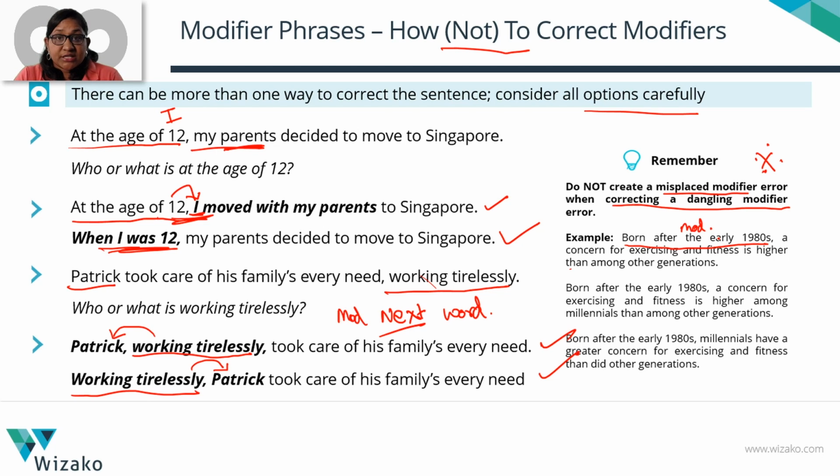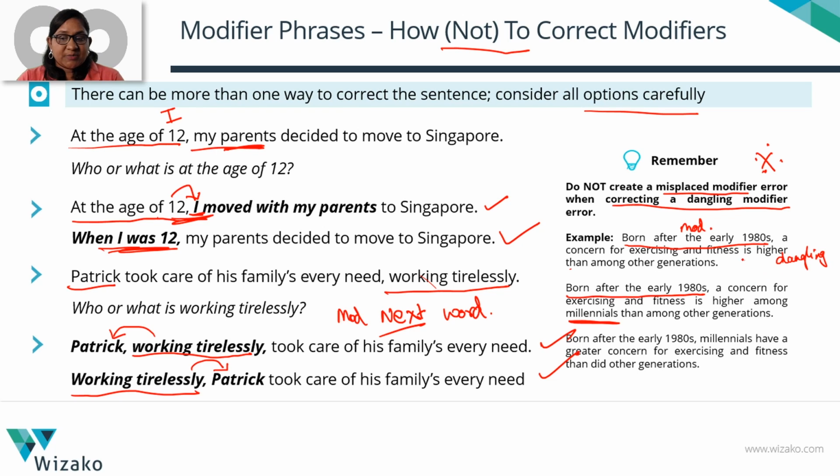Which word is it that we are talking about? Not there in the sentence. Okay, let's introduce that generation then. We have the modifier, born after the early 1980s, a concern for exercising and fitness is higher among millennials than among other generations. Now millennials is introduced. So dangling modifier error here.